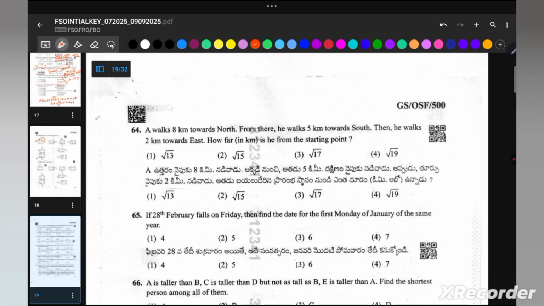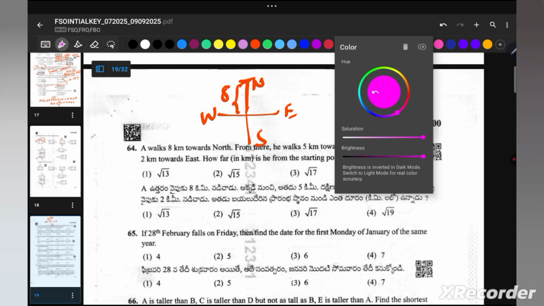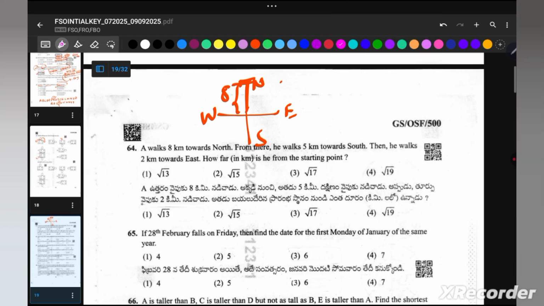So this is a very important question. It's also a Pythagoras question. North, south, east, west. Okay. From there, he walks 8 kilometers north. Let us take this as 8 kilometers north. From here to here, 8 kilometers north. Then he walks 5 kilometers towards south.